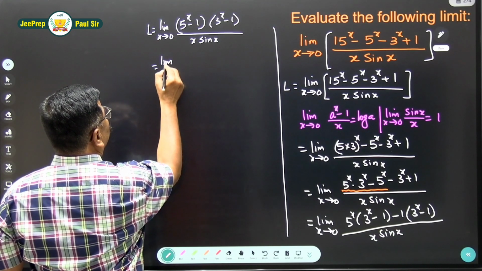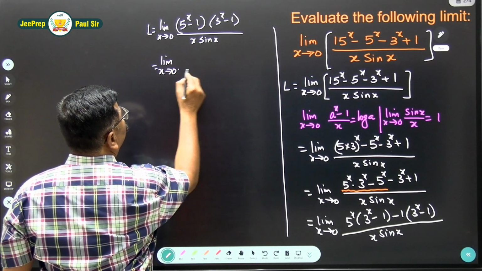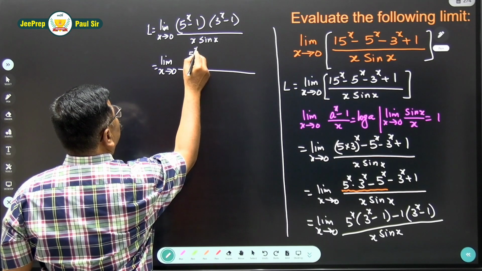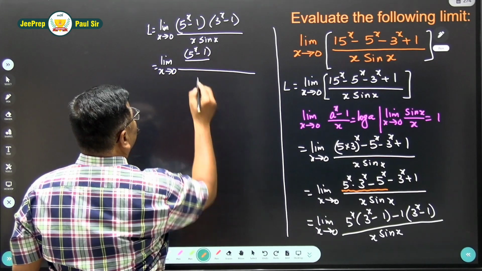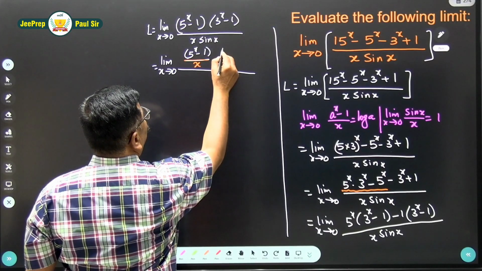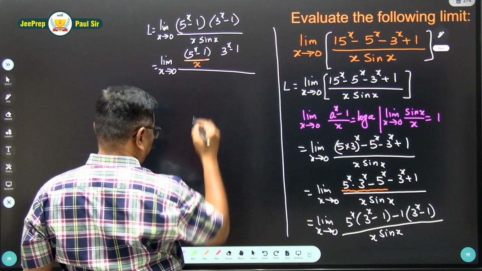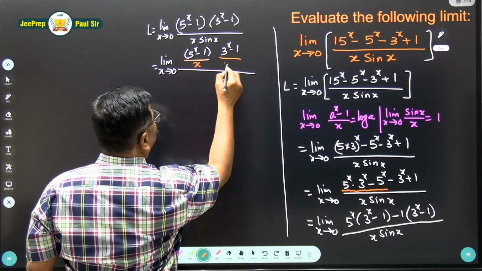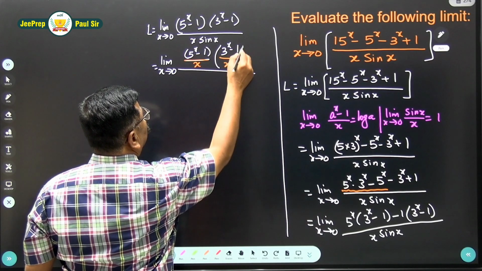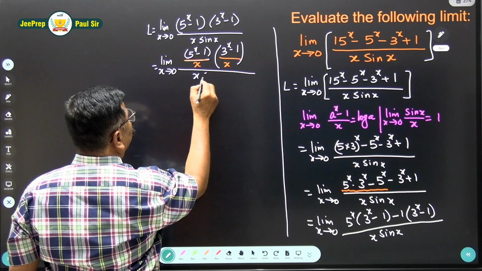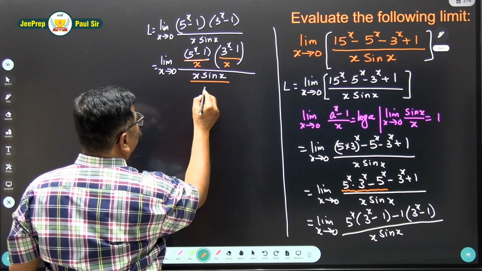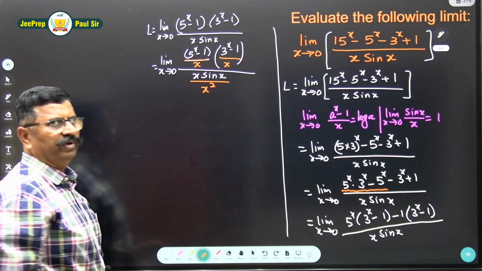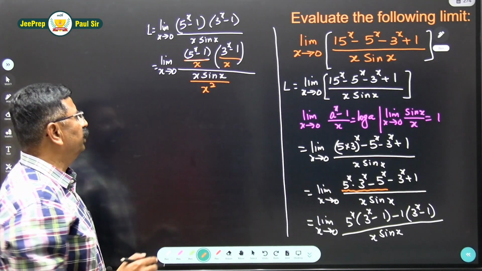Hence limit x tends to 0, 5 raised to x minus 1 divided by x, into 3 raised to x minus 1 divided by x, the whole divided by x sin x, and to this again we have to divide by x square. So the value of the expression won't change.